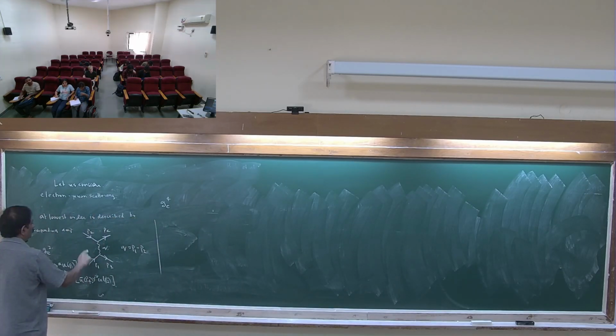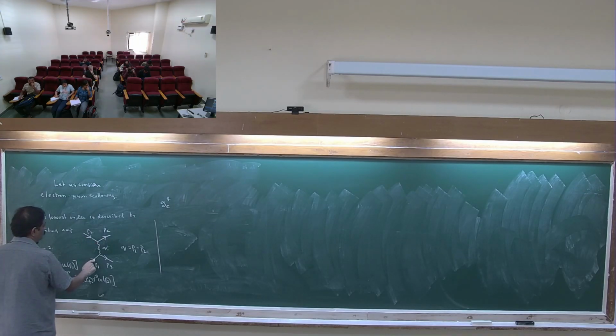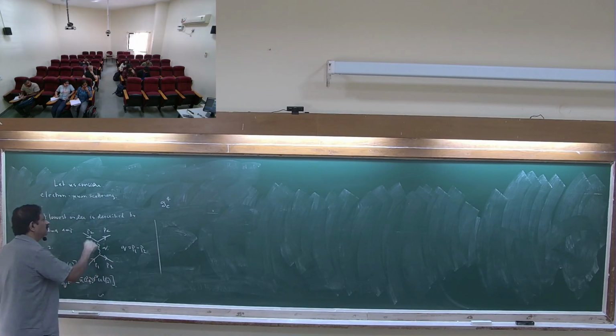This thing emitting and reabsorbing, etc., is just dressing the external lines, okay? And if you did something over here, that is just dressing the effective vertex over here, and that vertex correction leads to something else, which is the anomalous magnetic moment, which we will take up later, but for the moment we are interested in this.